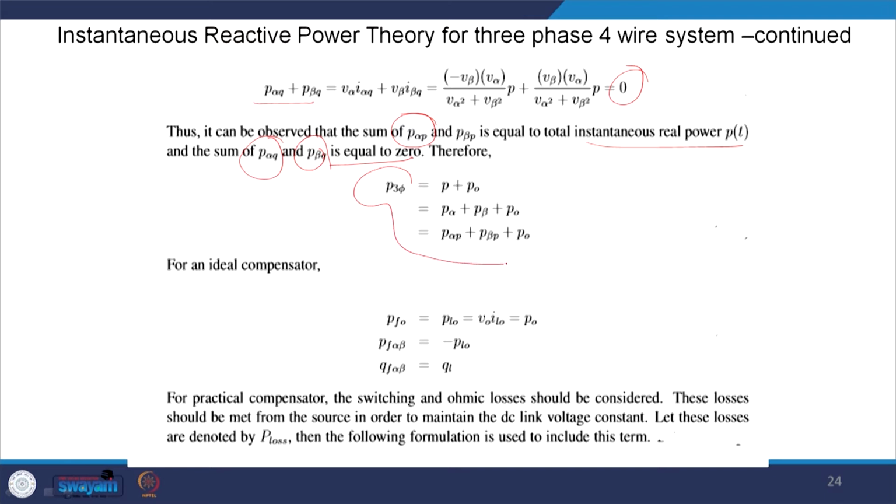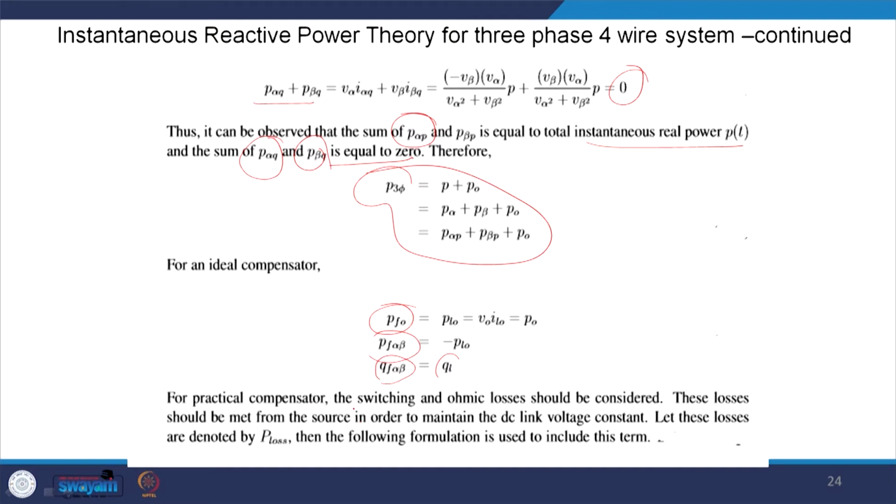Therefore, you can add up these things, and for the ideal compensator, this is the third harmonic component of the 0 sequence. So, P F 0 should be equal to P L 0, and similarly P alpha beta will be minus P L 0, and Q alpha beta will be essentially the reactive power that will flow.